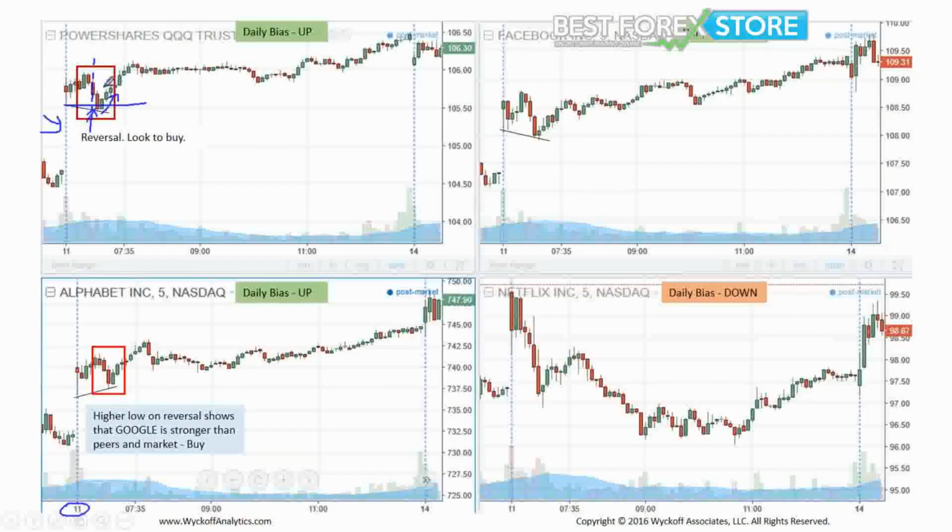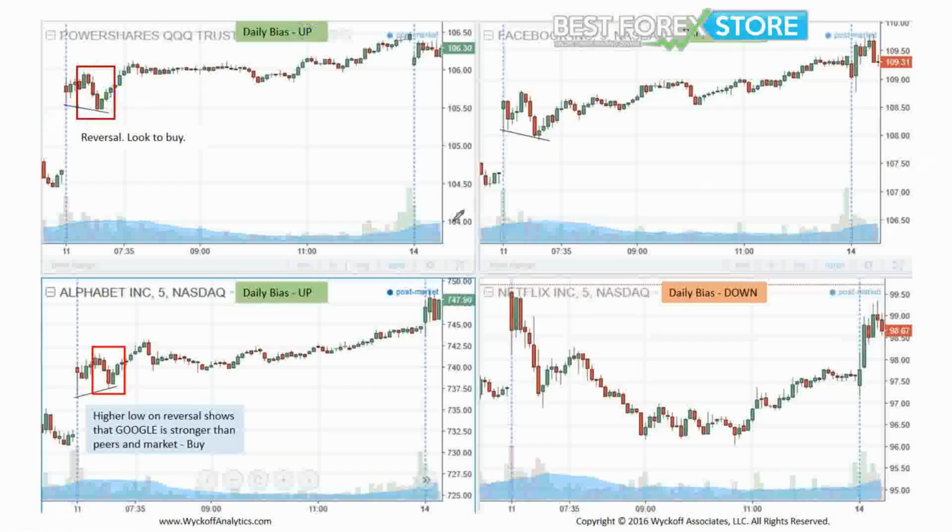So once this is happening in this area, we have the daily bias up, and we want to see whether this comes back to the first 30 minutes trading range. We want to see what stocks are going to be much stronger than the market.